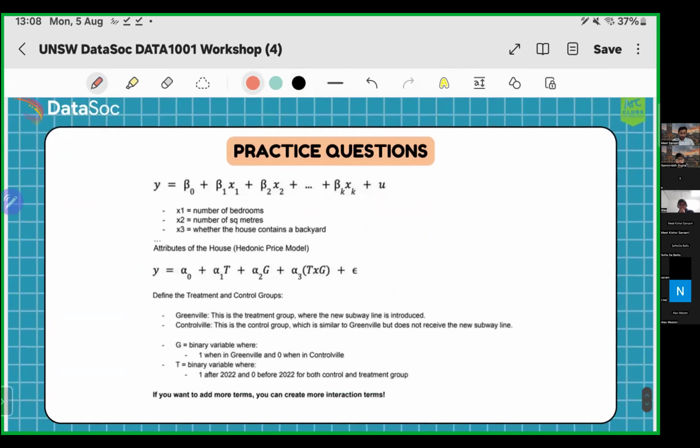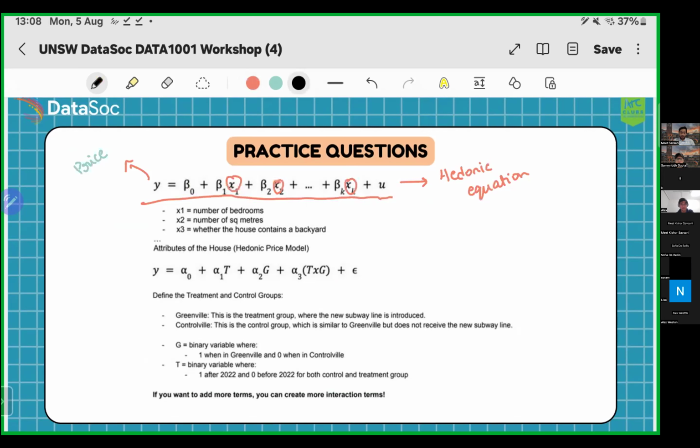This equation is the primary equation of a linear regression, and it's also a hedonic equation where your y is the price and your x1, x2, up to xk are the parameters or the features.